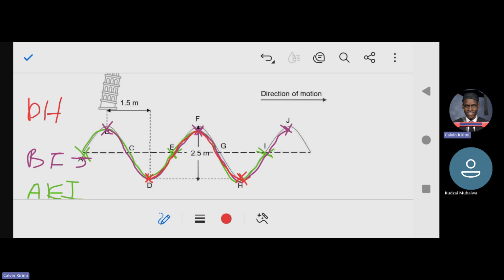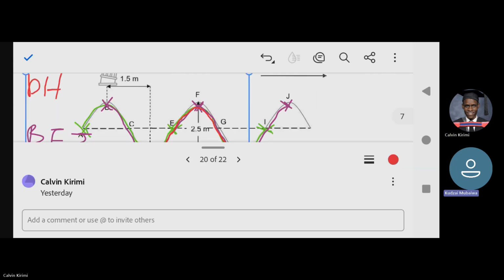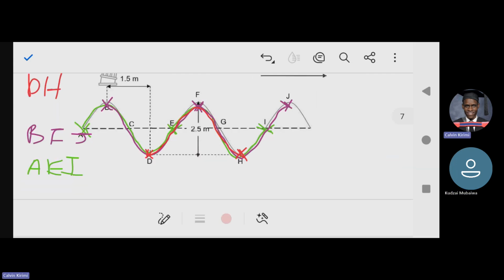Since I don't have another point where I can go down and record here, I end with D and H. They are repeating. But there is no third point which I must record.